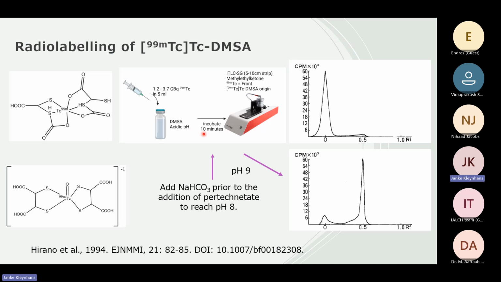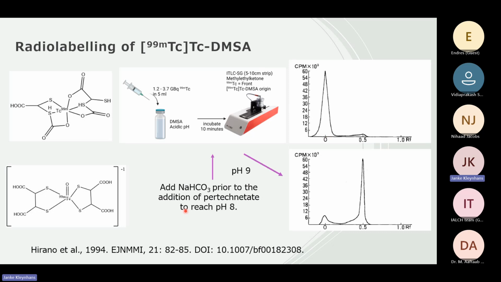You incubate for 10 minutes and then you do QC, and you will see, for the methyl ethyl ketone solvent, that the DMSA comes out at the origin and your free pertechnetate in front. It's exactly the opposite for the one labeled at pH 9.